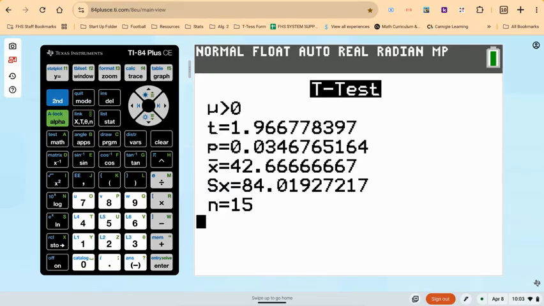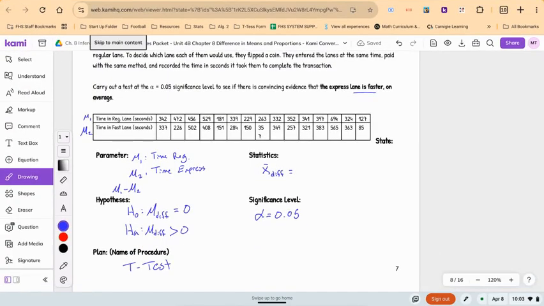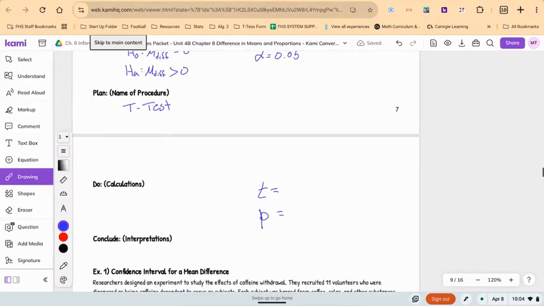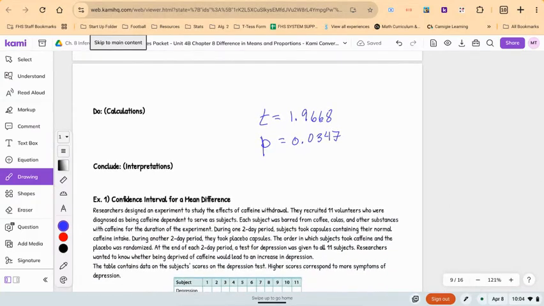Okay, so 42.67 essentially. So 42.67 goes here. Okay, the t was 1.9668, the p value 0.0347. And then again, I conclude.